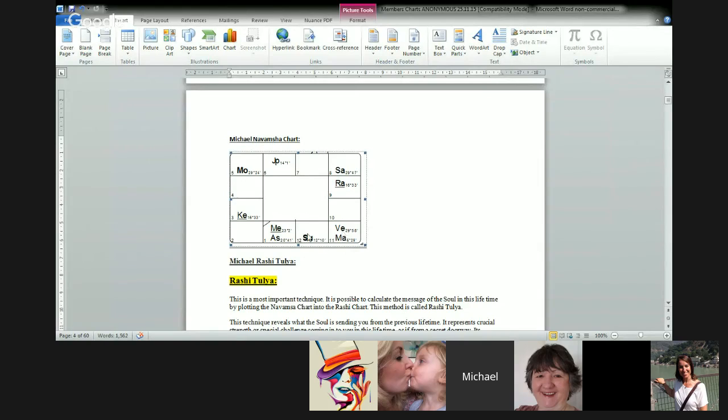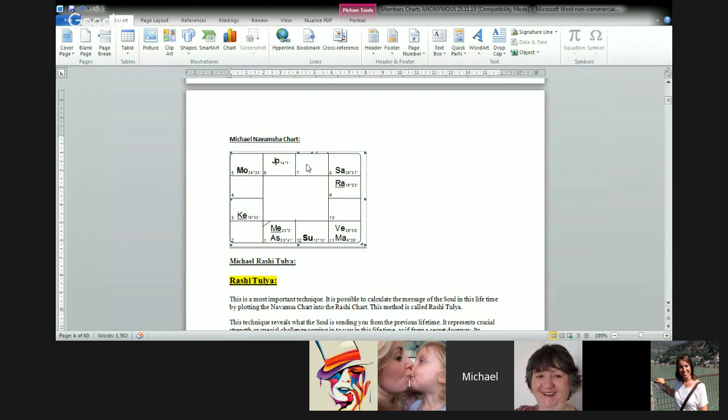And Venus rules the 12th house, so that can be loss through marriage, and indeed that has been the case. It also rules the 7th house of marriage itself.